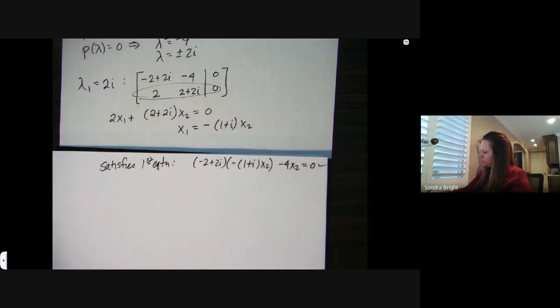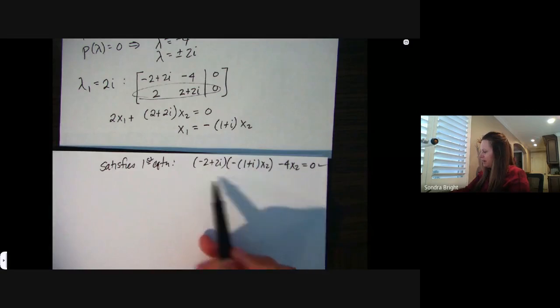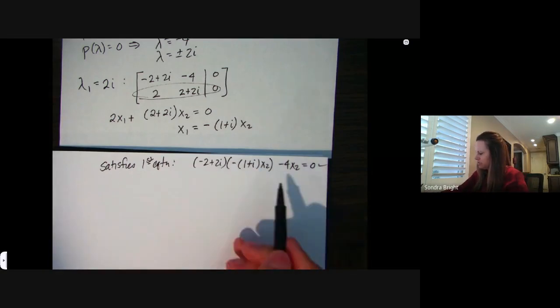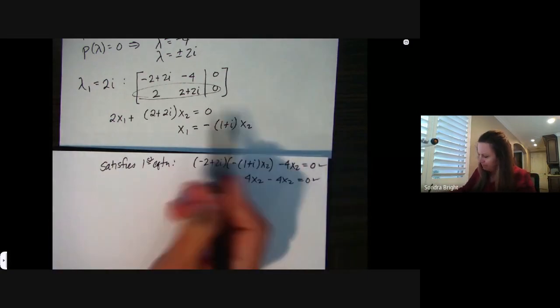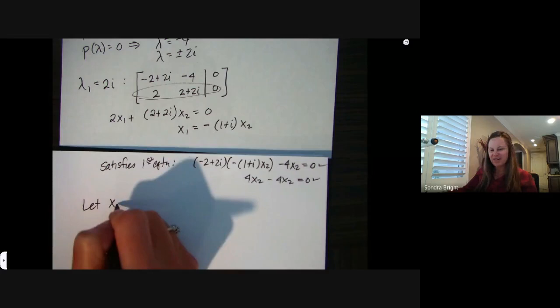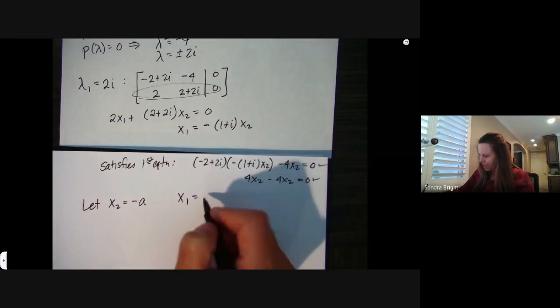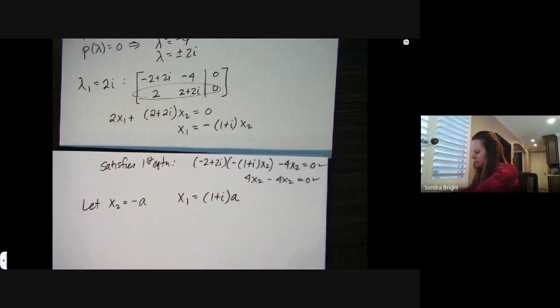Because you would go 2, positive 2, a positive 2i, a minus 2i, and then a minus 2i squared. You end up with 4x2 minus 4x2, which is equal to 0. So this satisfies both equations. And so if I let x2 equal, since I have a negative here, I'm going to let it equal negative a. Then x1 will equal 1 plus i times a. Didn't have to do it that way. That's the way I chose to do it.